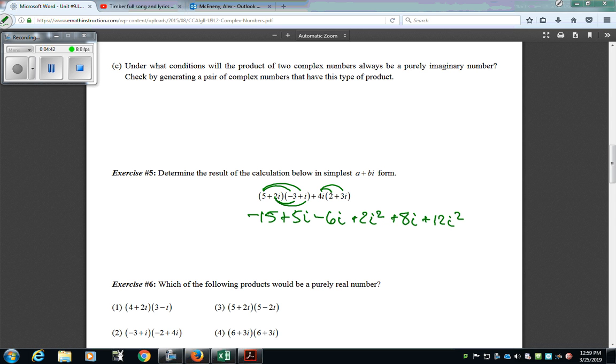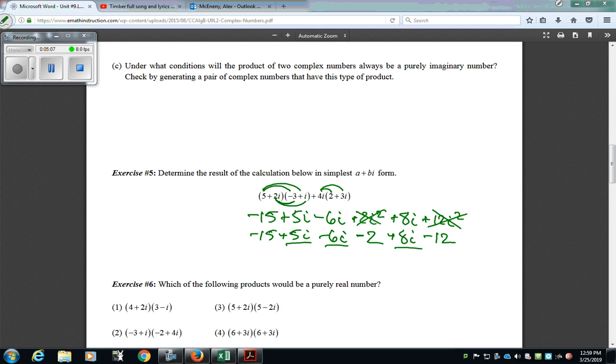So I'm going to change the ones with the i squared. So I'm going to change those to the 2 times negative 1. So this would be negative 2. 12i squared would be negative 12. I'm going to rewrite the rest of the other terms. So I'm going to combine together my i values.